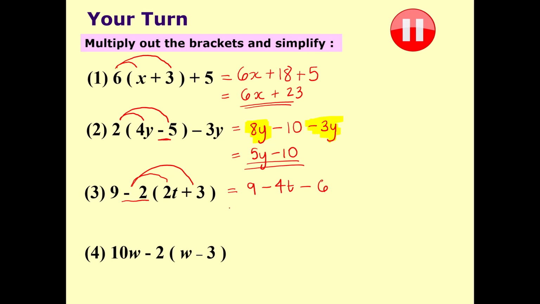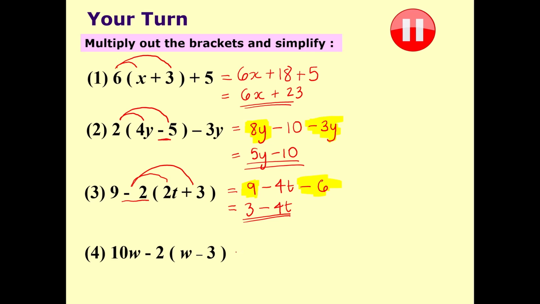And then we're going to collect our like terms, similar to before. We've got a 9 here, we've got a negative 6, so that negative is attached to that 6. So 9 minus 6 is 3 minus 4t. There's no other term there with t in it, so it's just minus 4t.